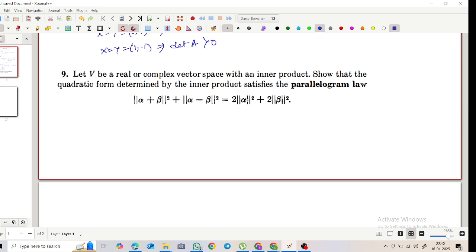Let's see. This is not much, I hope you can do it yourself. Just put this, do this and expand.